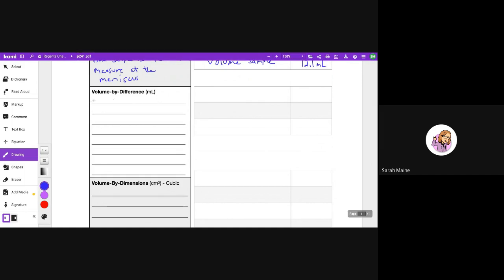What we do in this is, step one, we need to add water to the graduated cylinder. As a general rule of thumb, I always say fill the graduated cylinder about halfway. Does that mean that it needs to be exactly 50 milliliters?